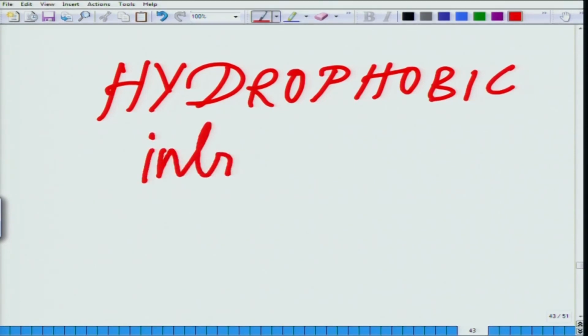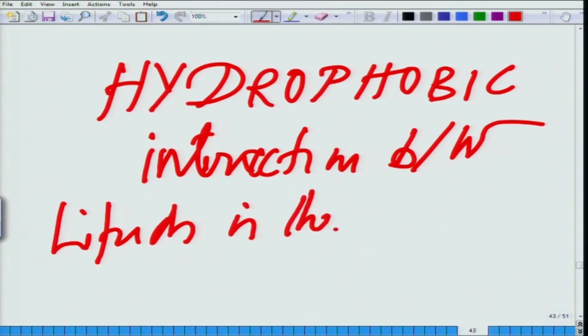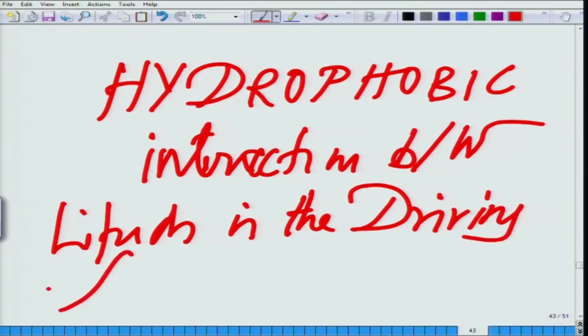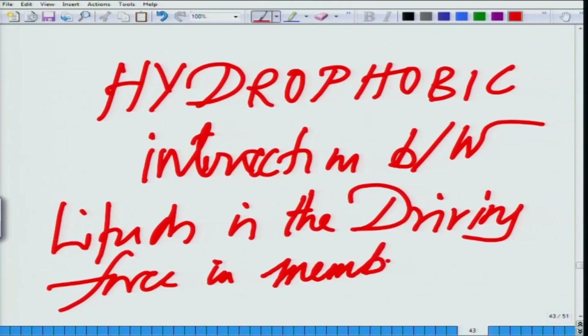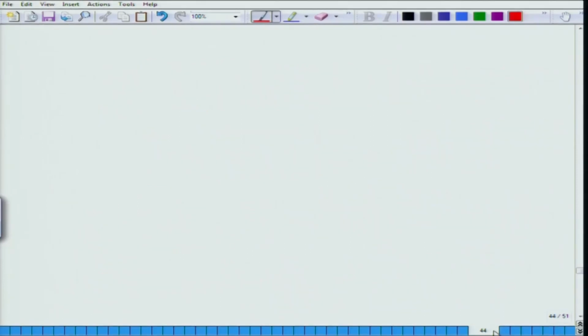Hydrophobic interaction between lipids is the driving force in membrane formation. This is extremely essential.